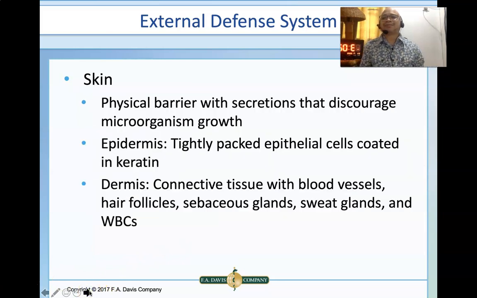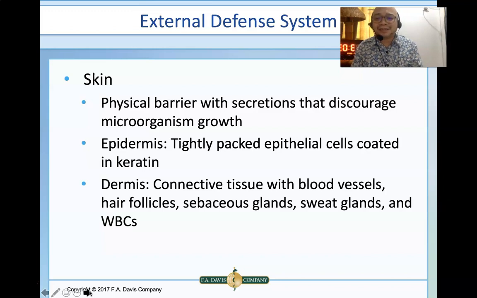So the skin, as I've told you, is a physical barrier, and its secretions will discourage the growth of microorganisms. Particularly, your epidermis is made up of tightly packed epithelial cells coated in keratin, so that will keep it dry.